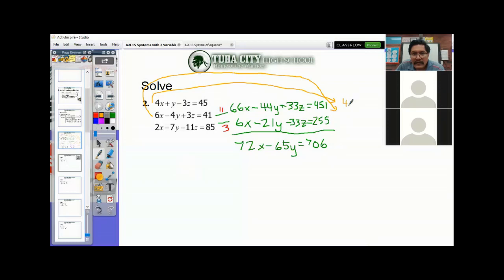So 4x plus y minus 3z equals 45, and 6x minus 4y plus 3z equals 41. All right, so again, Z is already set to eliminate.